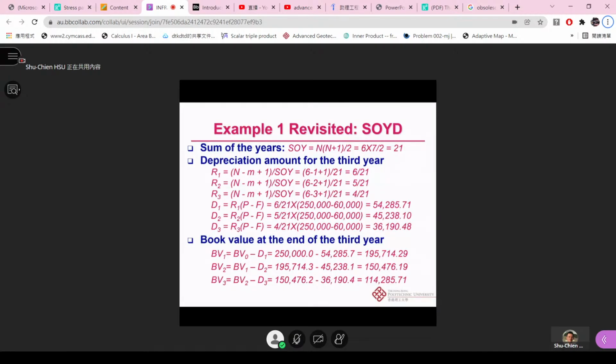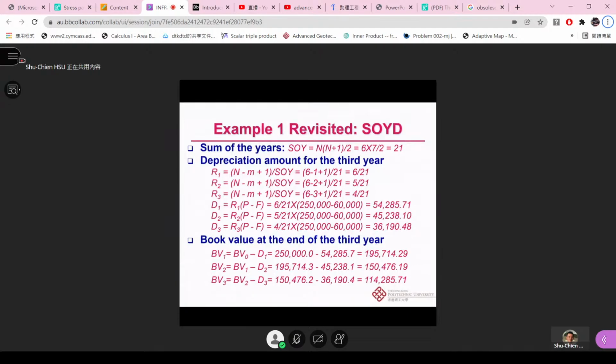We're going to evaluate this kind of situation. For the book value at the end of the first year, we use BV1 equal to 250,000 minus 54,285.7, so we get 195,714.29. And then BV2.